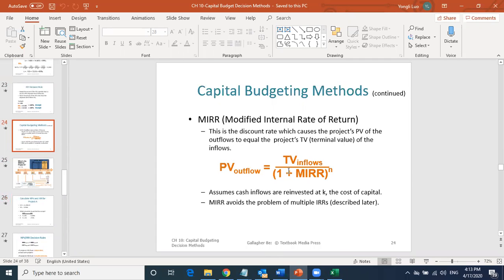That's the definition. The modified internal rate of return avoids the problem of multiple internal rates of return. With internal rate of return, sometimes you could get two or more solutions.